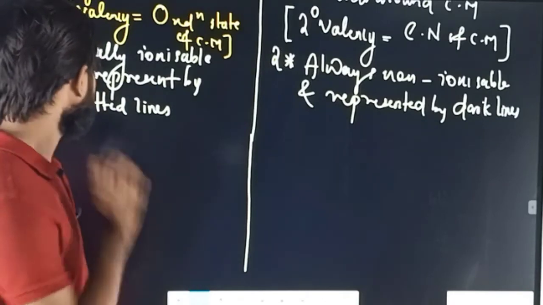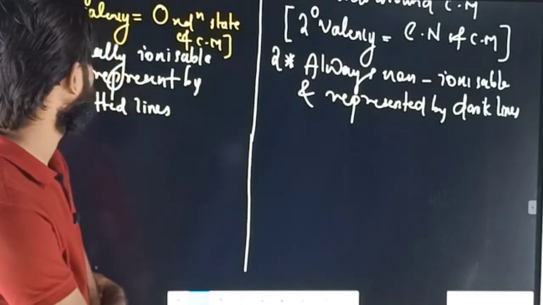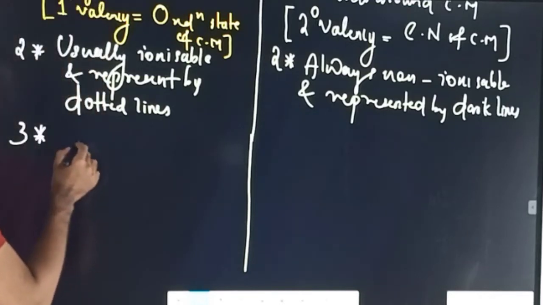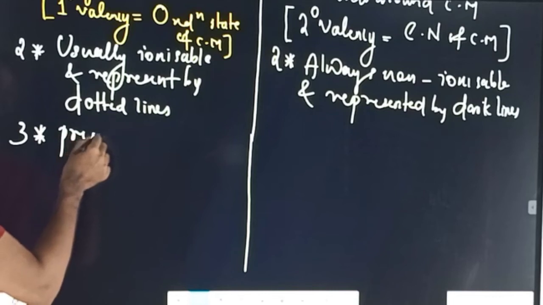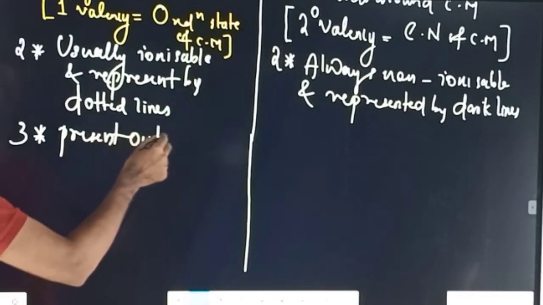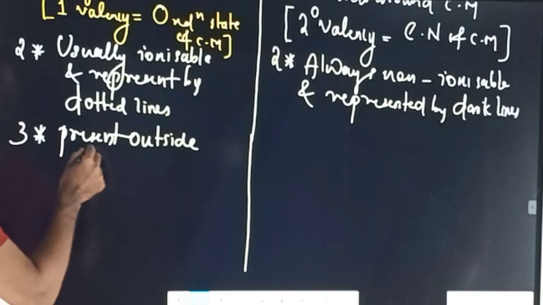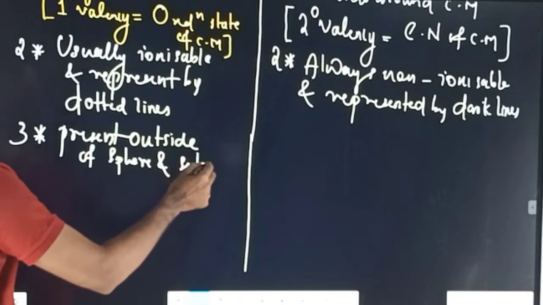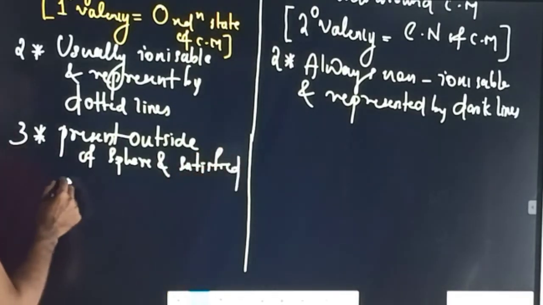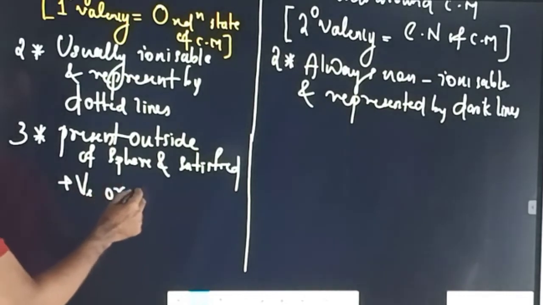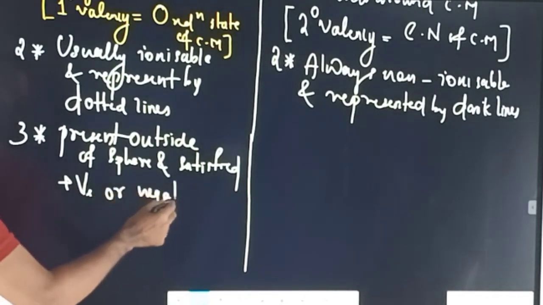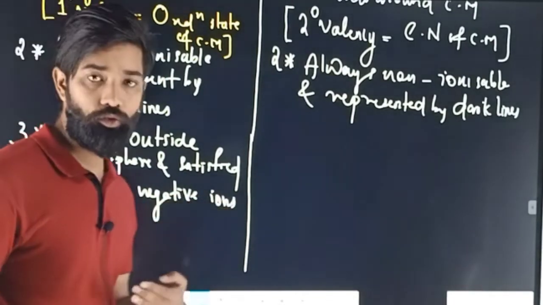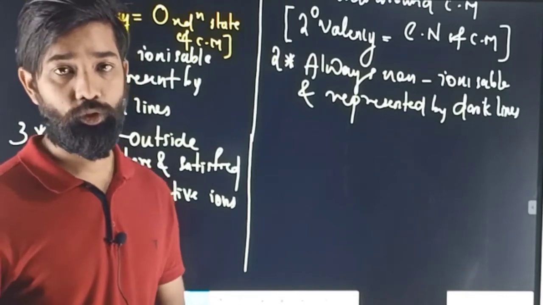The third concept: the counter ions are present outside of the sphere, and the oxidation state of the metal may be satisfied by positive or negative ions.